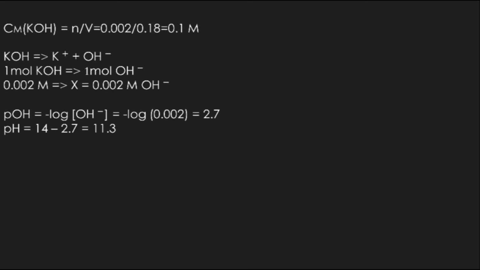And for the pOH, negative log OH negative is equal to negative log 0.002, which is equal to 2.7, and then pH is equal to 14 minus 2.7, which is equal to 11.3.